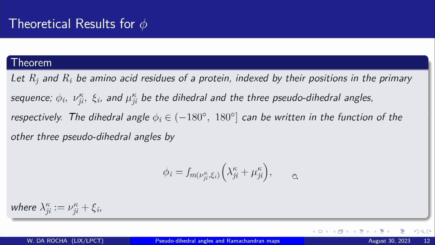It's just something that needed to be written like this. We can see that the representation in this case is just a sum of angles, and in some sense this angle lambda is a kind of constant, and the one that is varying is mu. With this formulation we have the angle phi written as a function of the variation of the angle mu.